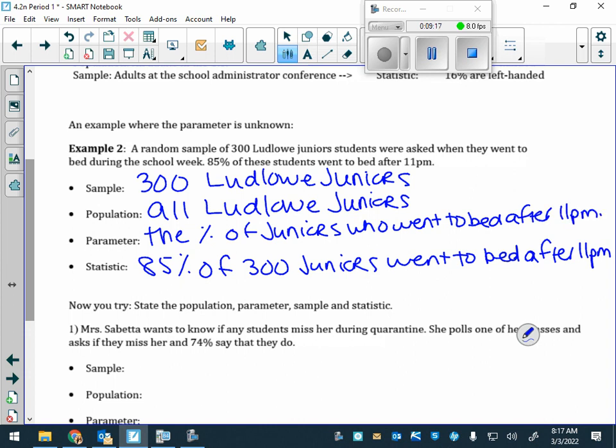So the parameter is what we're trying to infer about the population. So the percent of juniors who went to bed after 11 p.m. If you notice, same wording. However, we were not given a numerical value. So this is inferring about what we want to know about the population. Okay? Let's try another one.